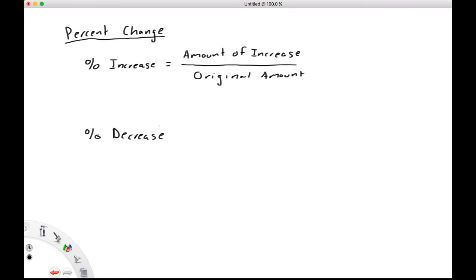And likewise, the percent decrease would be whatever that tangible amount that we decreased by divided by however much we started with, the original amount.